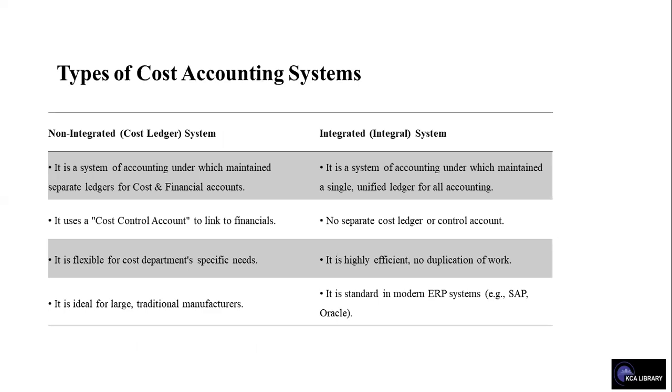We have types of cost accounting system: the non-integrated or cost ledger system, and the integrated or integral system. Looking at the non-integrated cost ledger system, it is a system of accounting under which separate ledgers are maintained for cost and financial accounts.